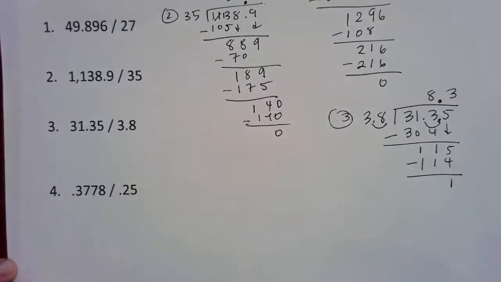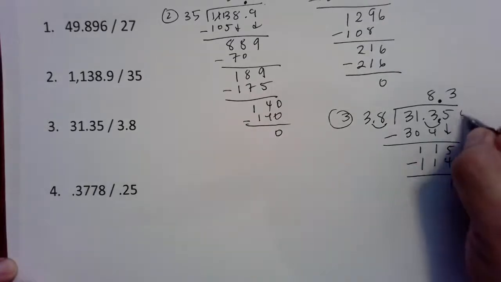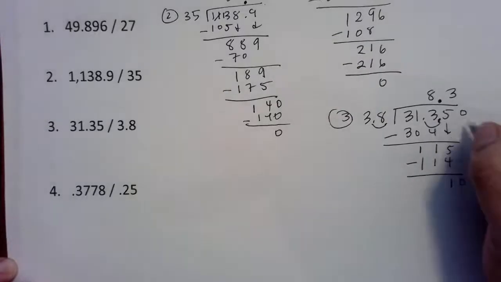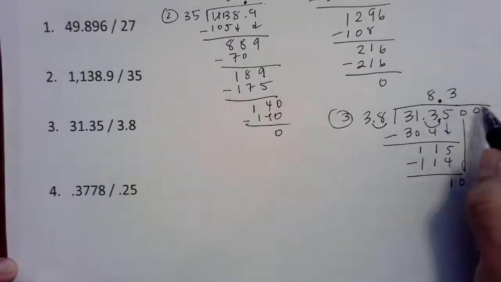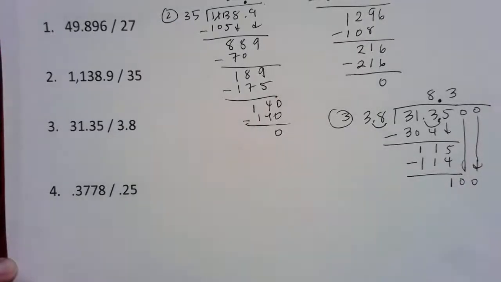And then we can keep going, right? If I want to keep dividing, I can add as many zeros as I need to. Okay, so wait, hold on a second.